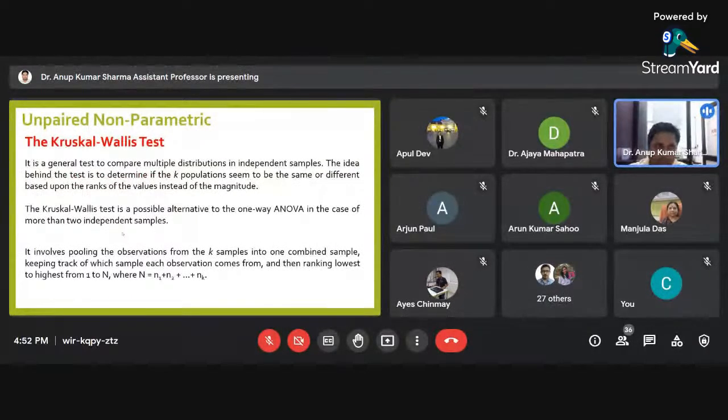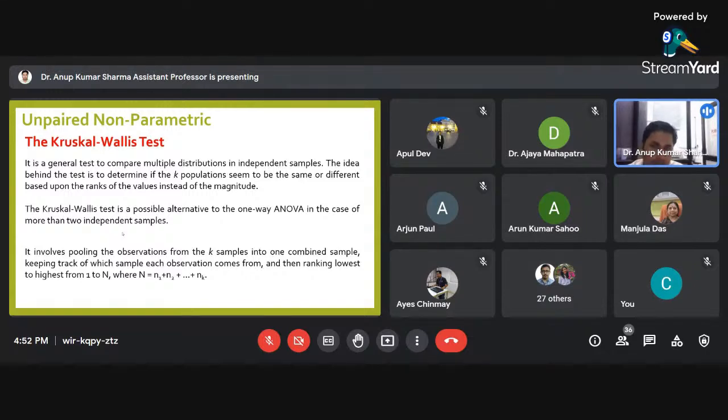So we have completed the unpaired non-parametric test. Unpaired means the two data sets are independent. Next is the Kruskal-Wallis test, a continuation of this one, because there we considered only two data sets and here we are considering more than two.